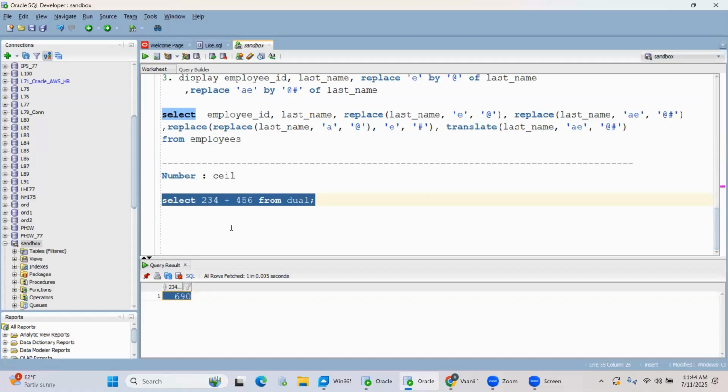Now let's move forward, and I'm going to write a value here, 234.56. And here also, I'm going to apply a ceil function. And on the same value, I'm going to apply the floor function.